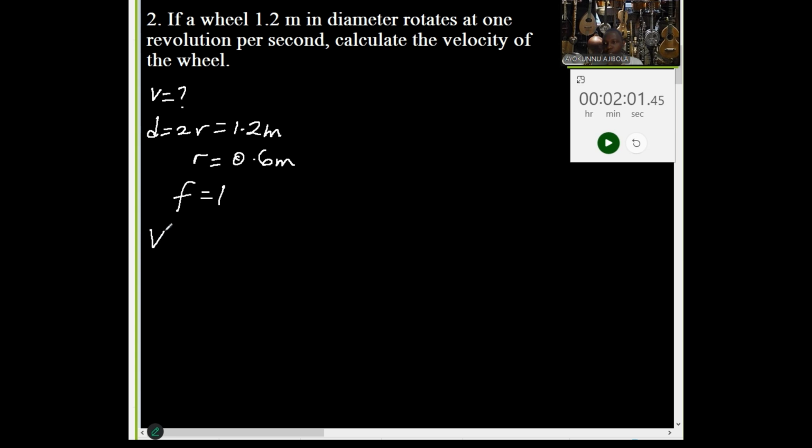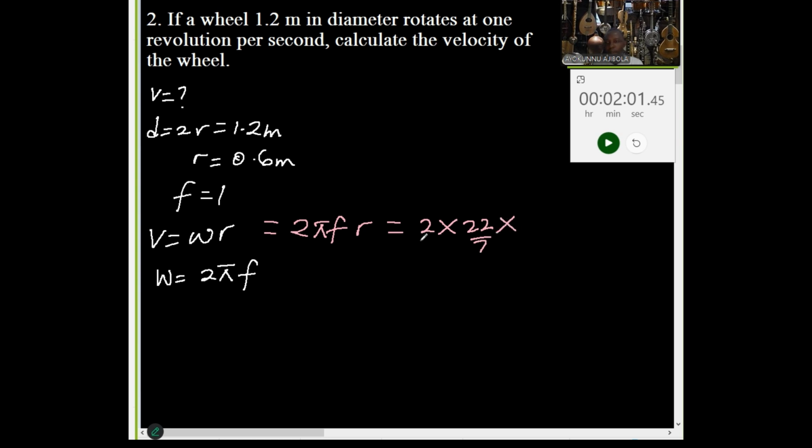Since we know that V equals omega R, and we also know that omega equals 2 pi f, this becomes 2 pi f r, which means this is 2 times 22 over 7 times frequency times the radius.